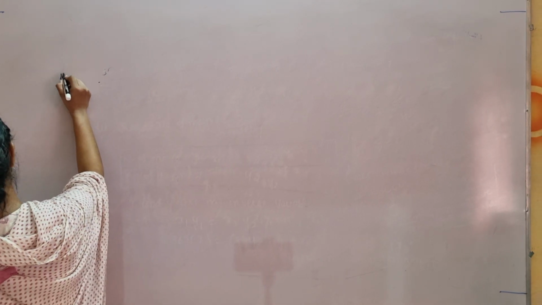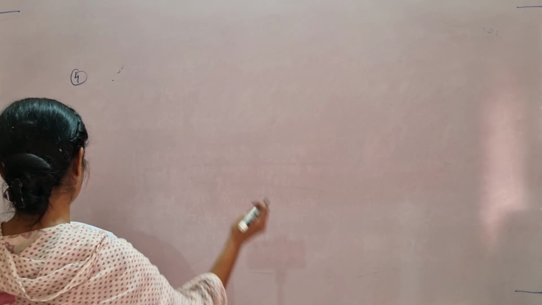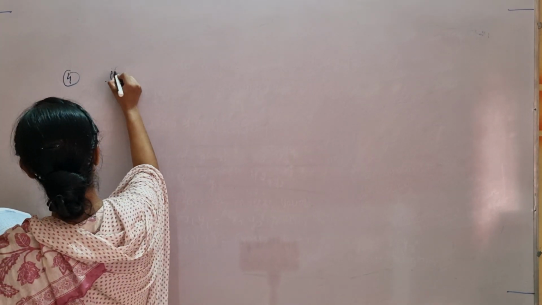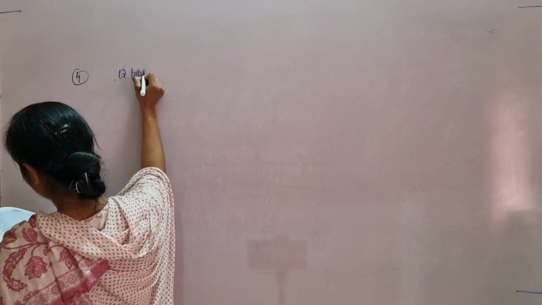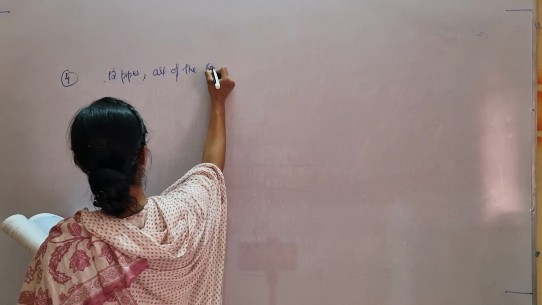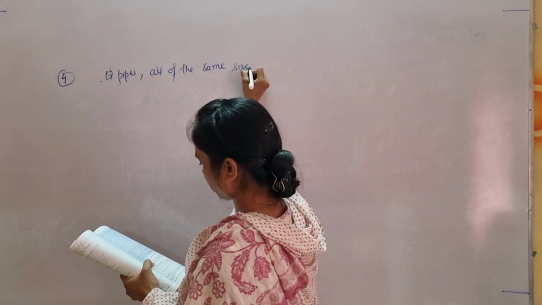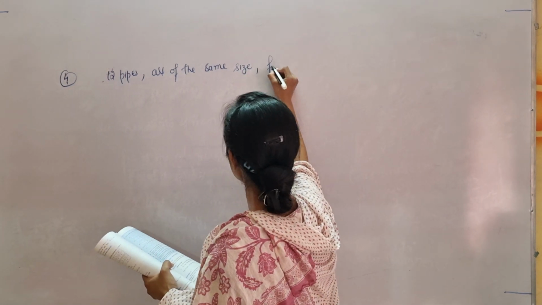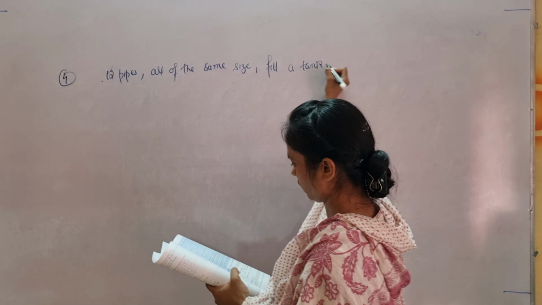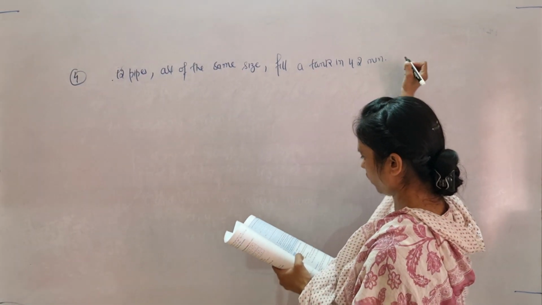See the fourth one. Twelve pipes, all of the same size, fill a tank in 42 minutes.